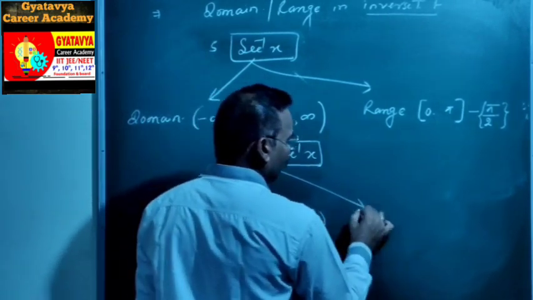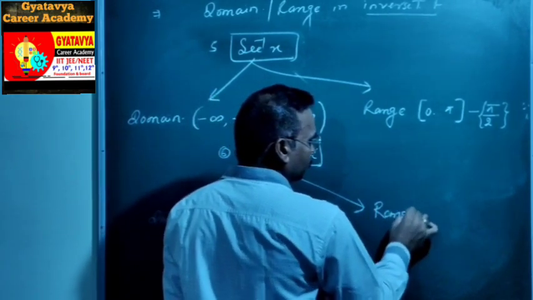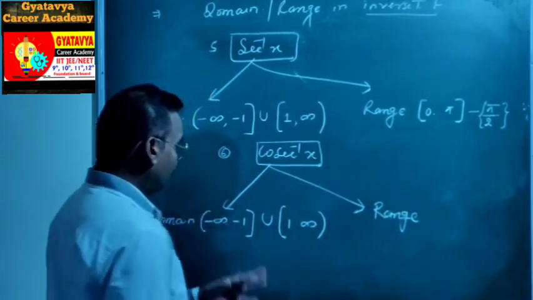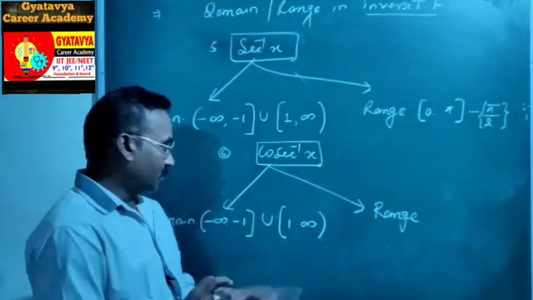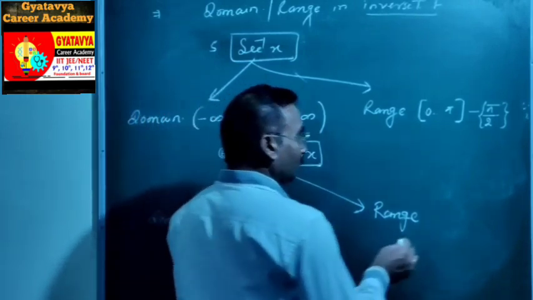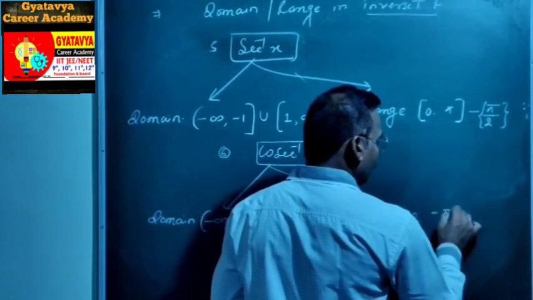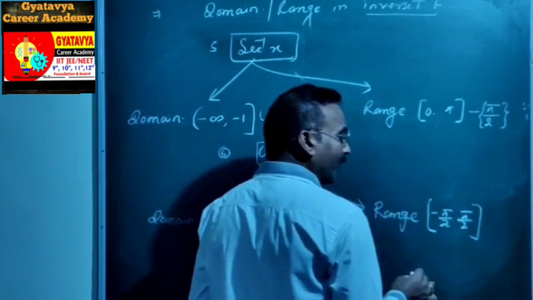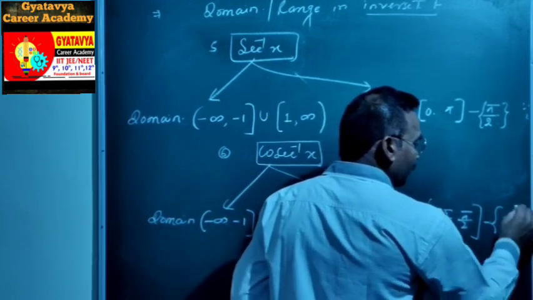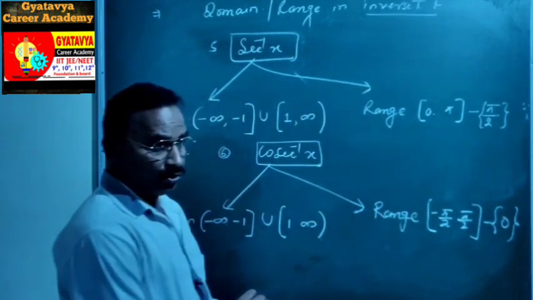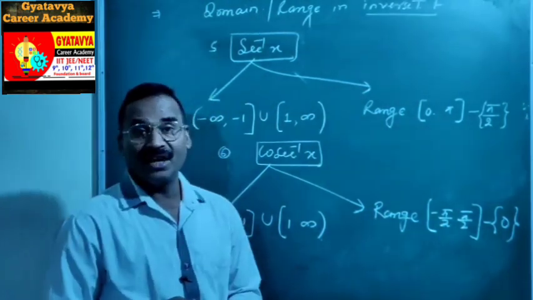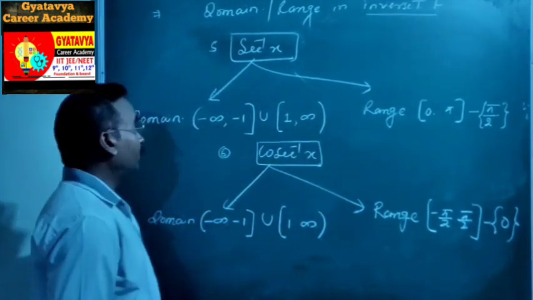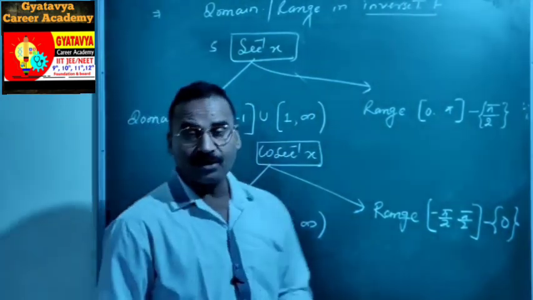Okay, now the range, and what are the similarities of sin inverse x and cosec inverse x? So it's -π/2 to +π/2, and you have to exclude 0 because sin 0 is 0, so cosec 0 gives the undefined value, that is infinity. Okay, so these are the domain and the principal value or codomain.